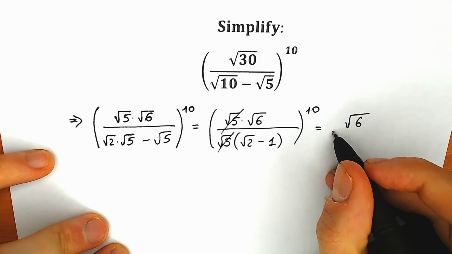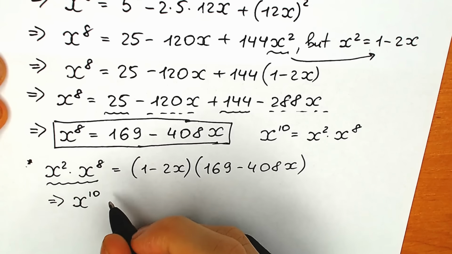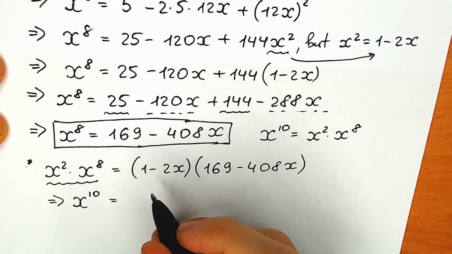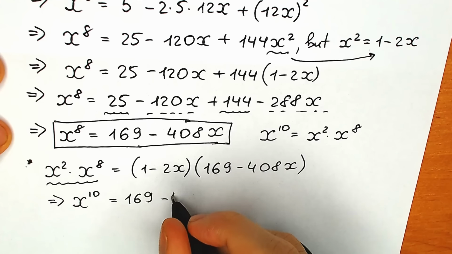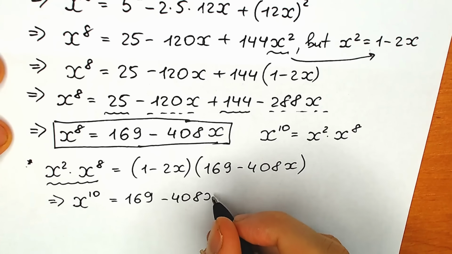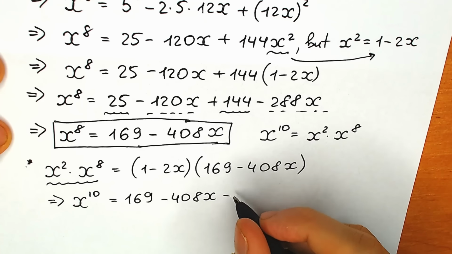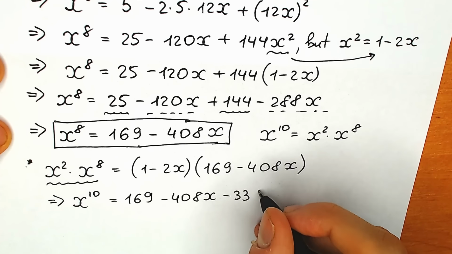But first of all, on the left side, we already have this x to the power 10, the expression that we really need, equal to, right now, parenthesis by parenthesis: 169 minus 408x minus 338x and plus 816x squared.